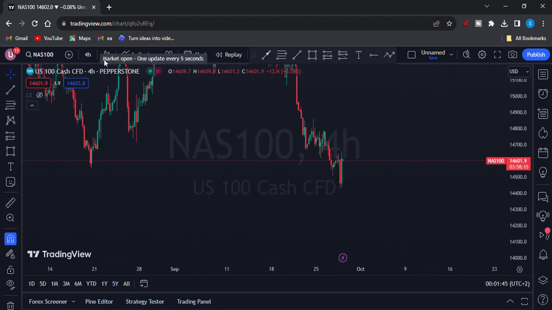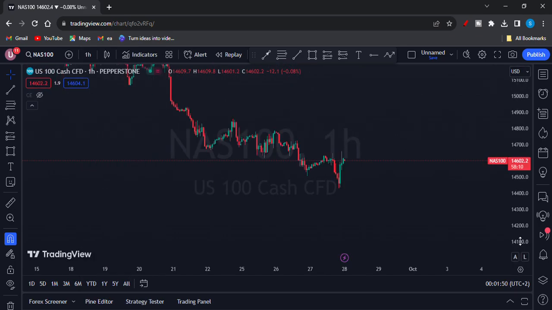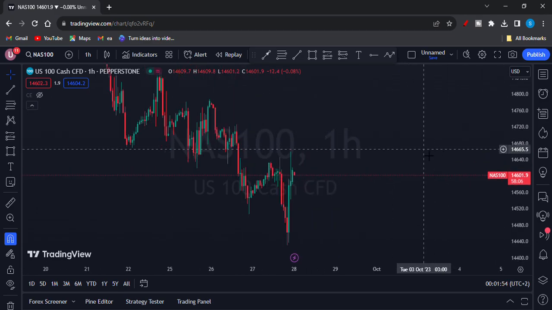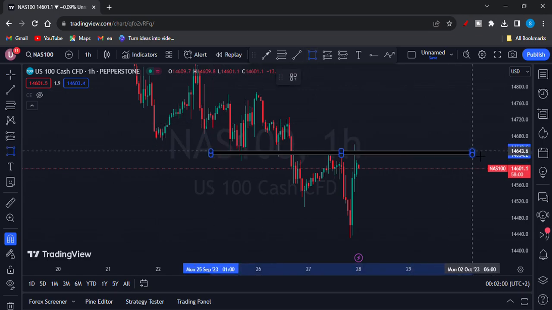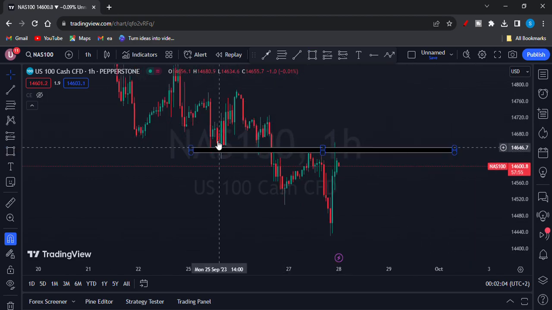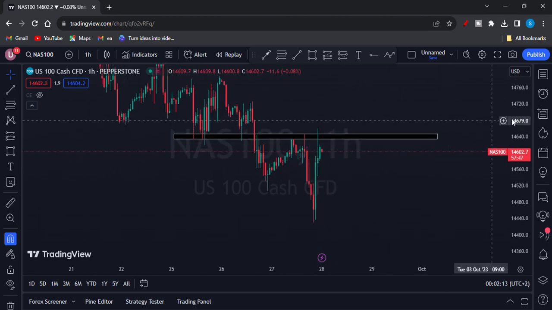Then let's go to the hourly. Okay, so on the hourly, I see something like this. So around here, we're having a support area, and then here having a resistance area.